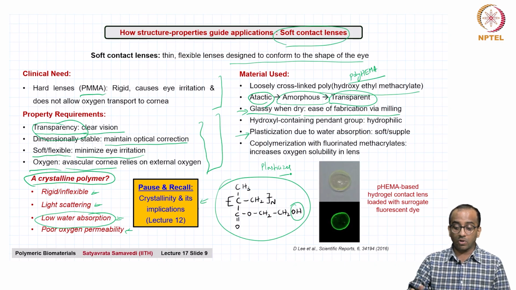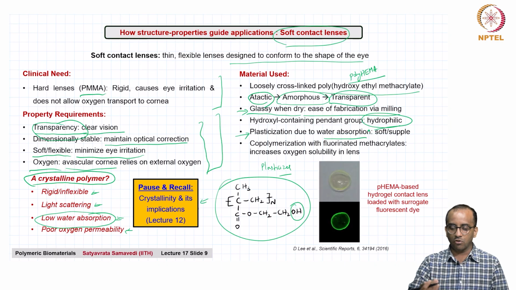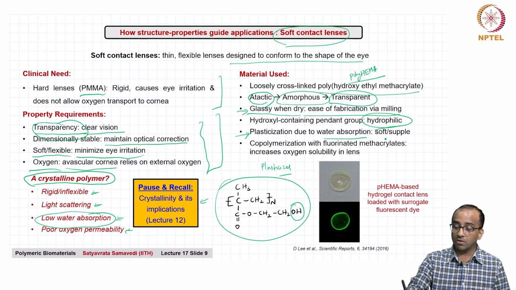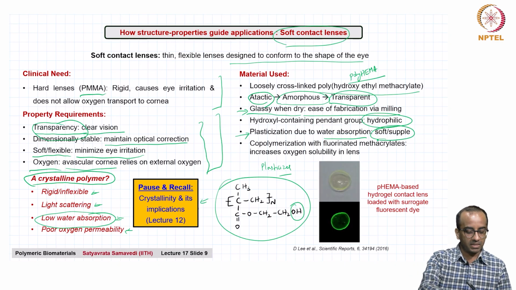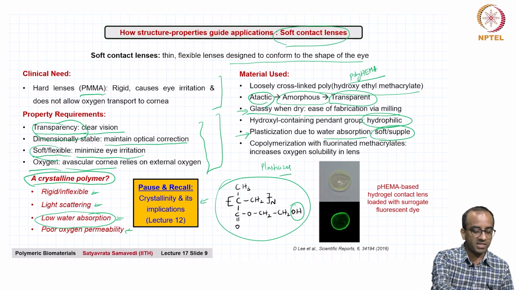So once water absorbs, because of the hydrophilicity of the polymer, the Tg significantly drops to the point where this now starts to become very soft and supple, thus meeting the criterion of being soft and flexible.